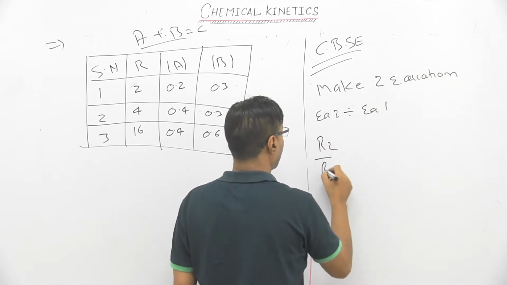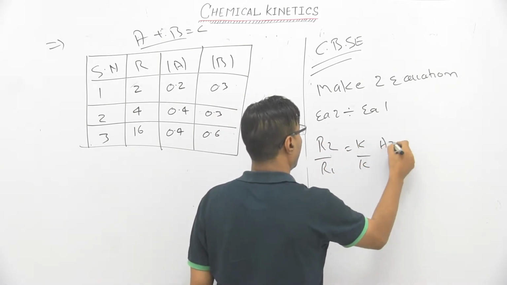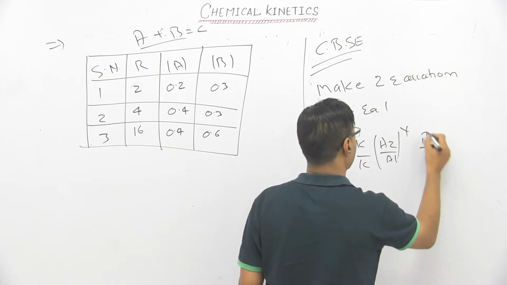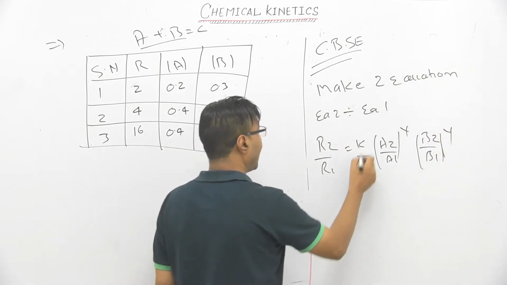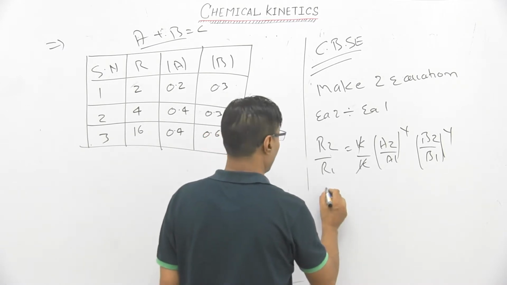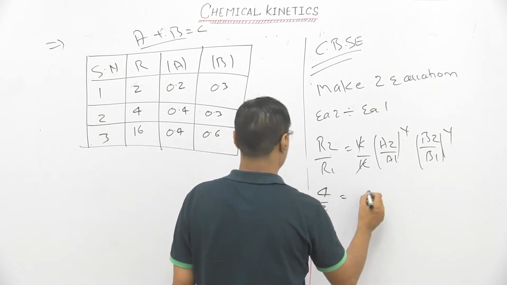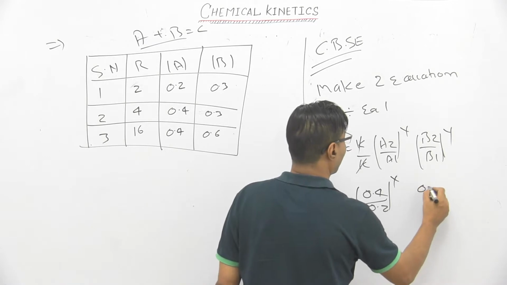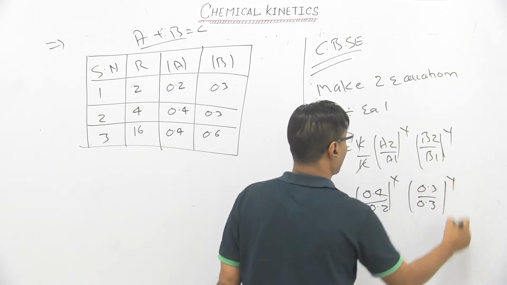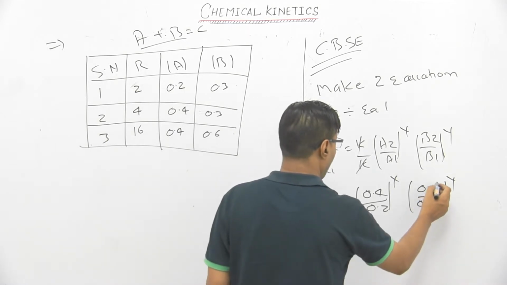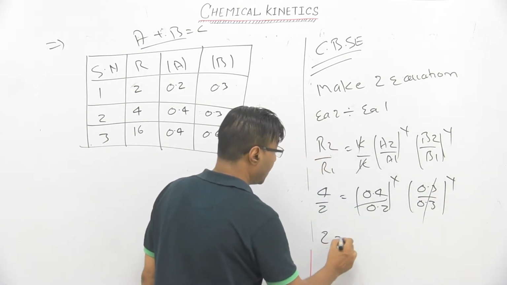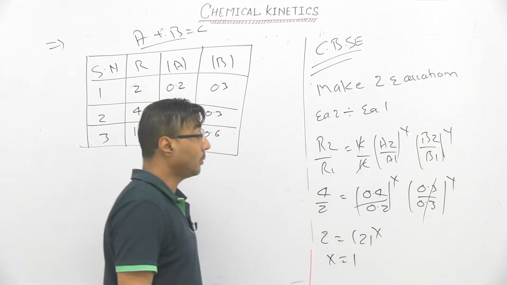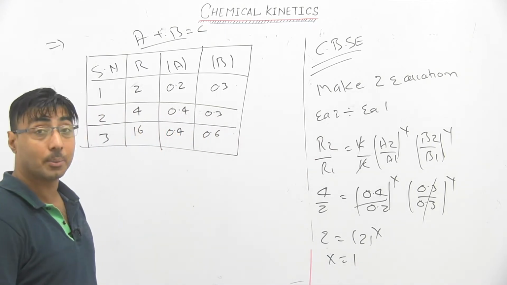Then R2 by R1 is equal to K by K, A2 by A1 raised to power X, B2 by B1 raised to power Y. Then we cancelled K: 4 by 2 is equal to 0.4 by 0.2 raised to power X, 0.3 by 0.3 raised to power Y. Finally, we cancel this one and this is 2 by 2 raised to power X. The answer was X is equal to 1. This is the method we learned in CBSE.